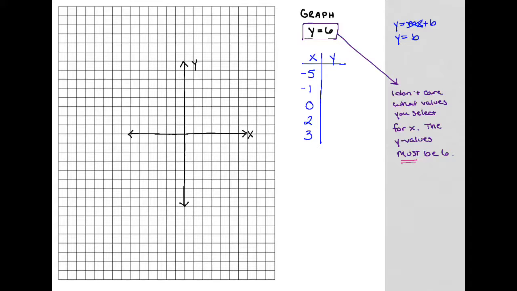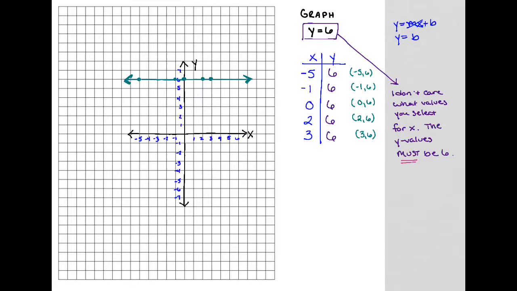So that means that when I come in here to fill in that right column underneath my y values, this has to be a 6, this has to be a 6, this has to be a 6, and so on. So my coordinate points are going to be (-5, 6), (-1, 6), (0, 6), (2, 6), and (3, 6). So go ahead and take a moment and create your graph.